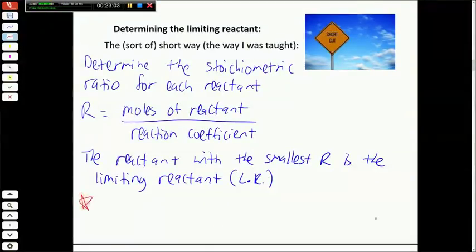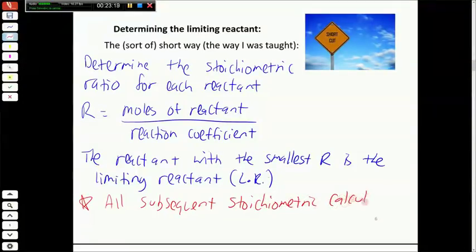So the warning here is that once you know what the limiting reactant is, any subsequent stoichiometric calculations are going to start with the moles of the limiting reactant.